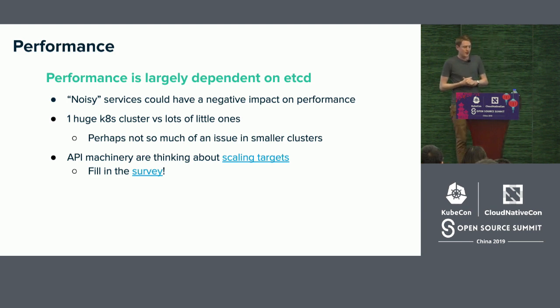And the last thing I want to talk about is performance. So again, the performance of your API is going to be largely dependent on the underlying etcd data store. And there have been some concerns around the performance of etcd in the past. The key worry is that if you've got a particularly noisy service, that could potentially have a very negative impact on the performance of not only your system, but also any other system that is also running on that Kubernetes API.